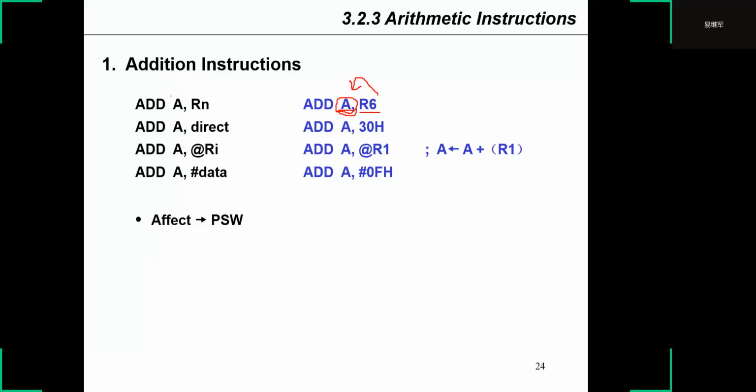You can see it is always A. The two parts are added and the result is saved to A. This instruction affects the PSW register.